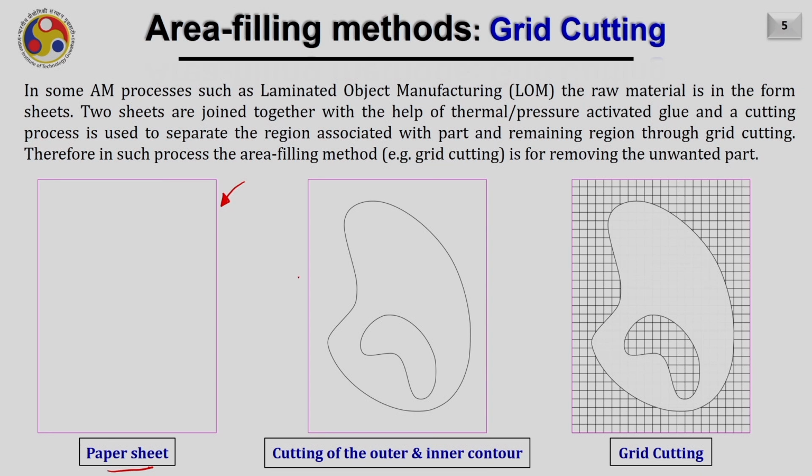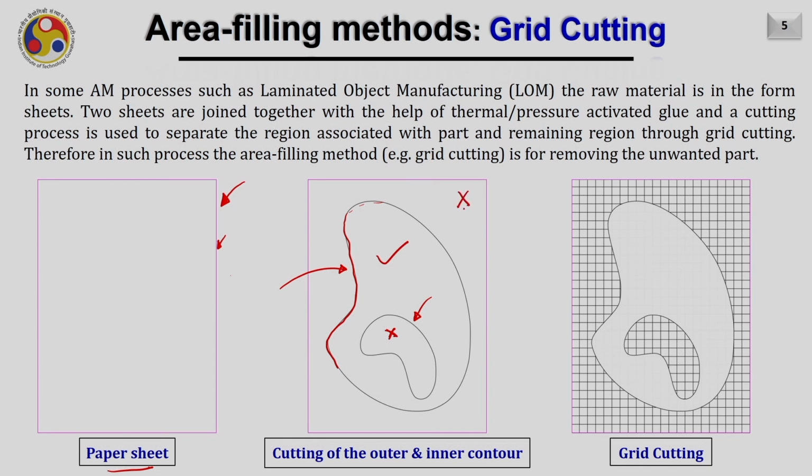Now, you have also obtained the contour data through slicing. As this sheet is joined with another sheet on the bottom side, we now only need to separate out the unwanted region. We know that if we cut the path along the contour obtained through slicing, then this region where the material is will be separated out, and this region where there is no material will be separated out.